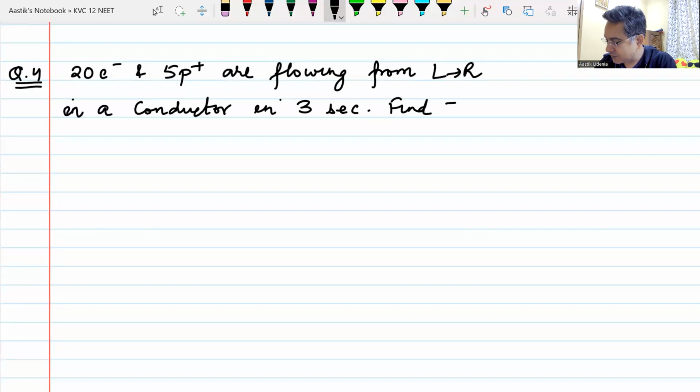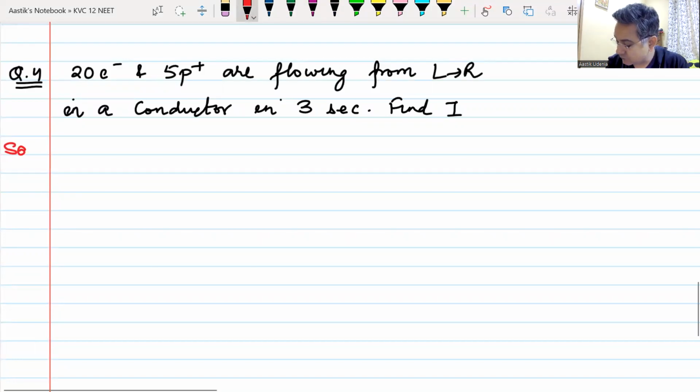You have to find the current in the conductor. What will be the current in the conductor?